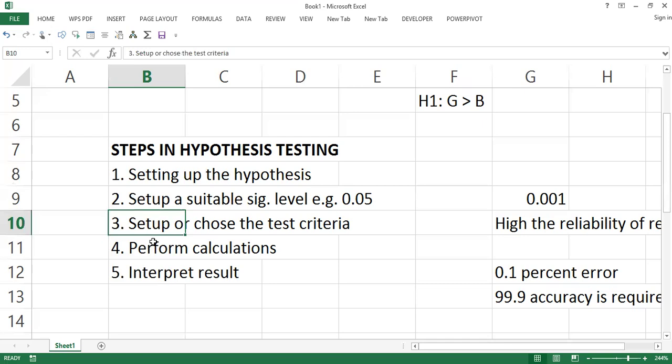At the end, you perform the calculations wonderfully, then you interpret. Your interpretation will be useless, because a wrong test has been done. The interpretation will not be reliable because you are testing based on wrong criteria.